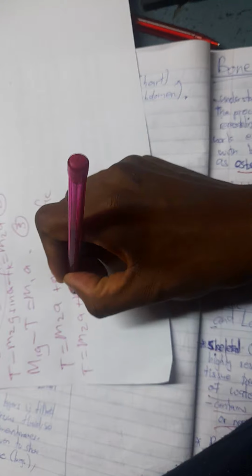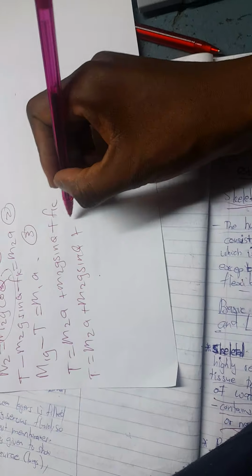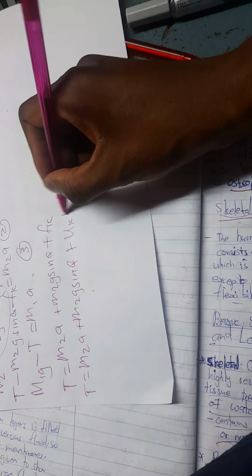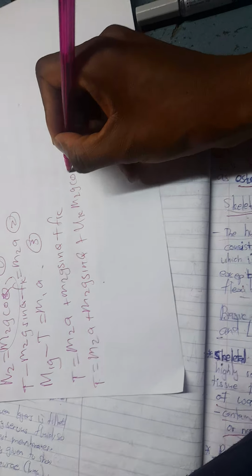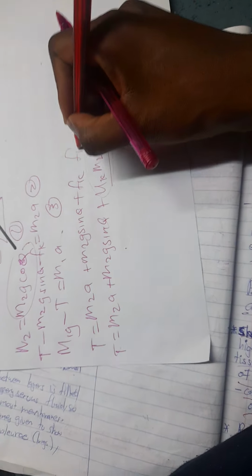That's going to be our fk. So from this equation we say T equals m2a plus m2g sin theta plus mu k m2g cos theta. We have substituted our fk.